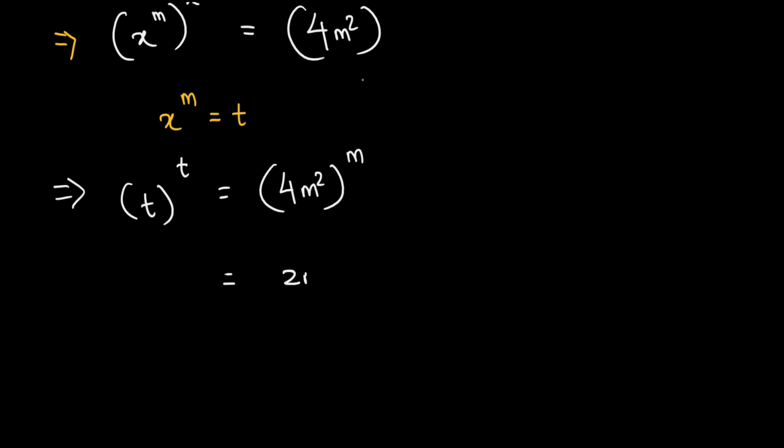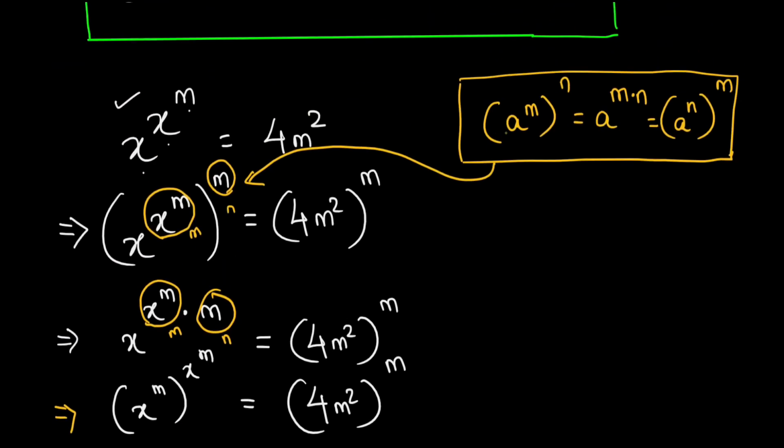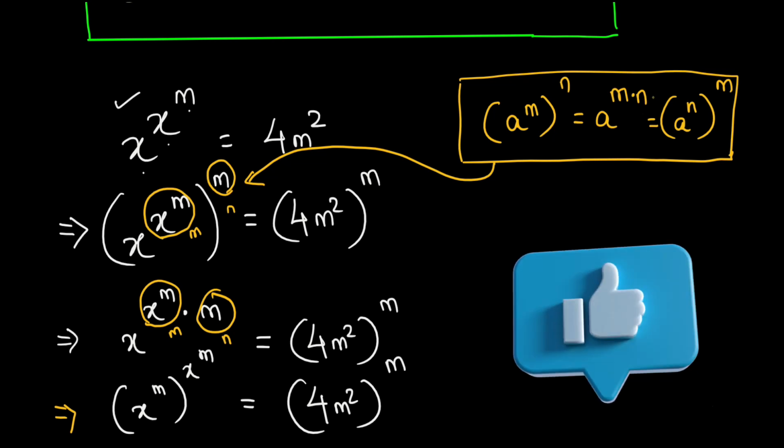We know 4m square is 2m whole to the power 2, and the power m is already present. From the above formula, we know that a to the power m to the power n is equal to a to the power m into n.